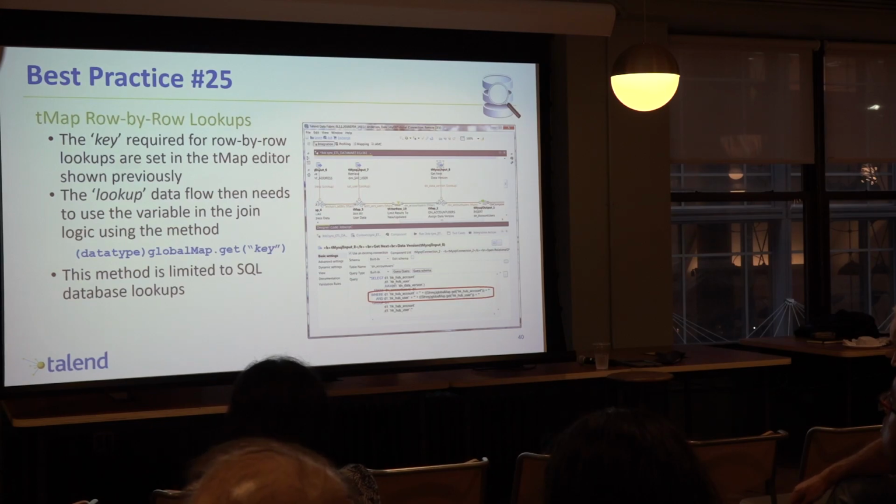So absolutely, I can use the row by row. What about the row by row for flat files? Yeah, you can. Any one of these components that feed the TMAP can be a flat file. But this method is limited to SQL database lookup.